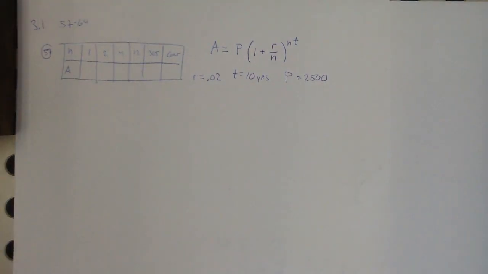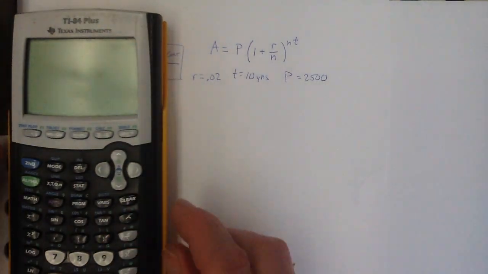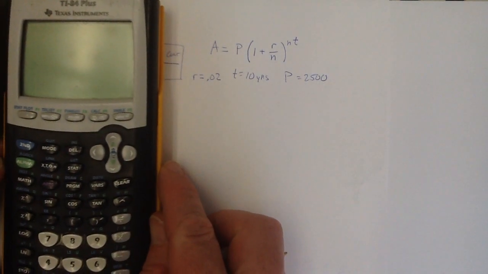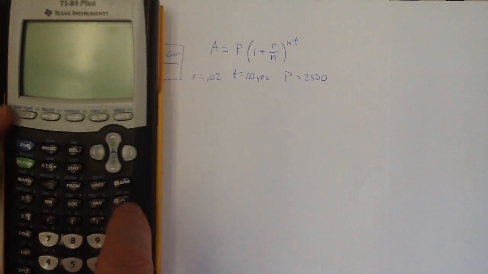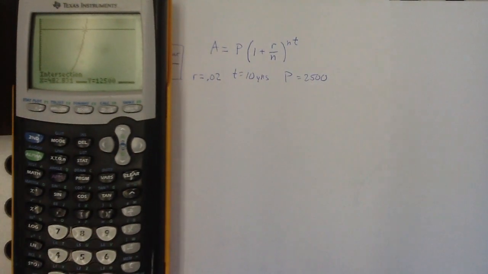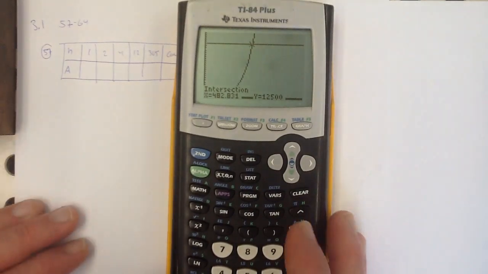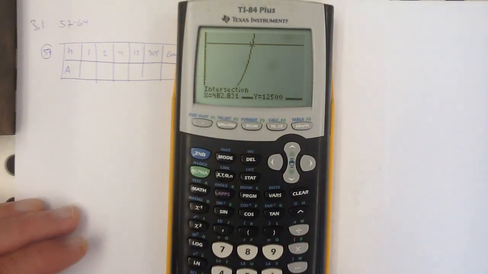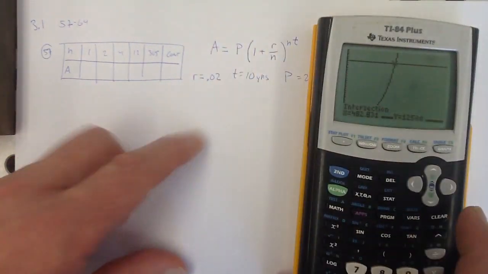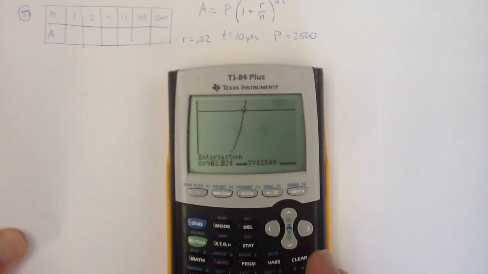Okay, so here's the way I'm going to do this. I'm going to show you some calculator moves. Sorry, for those of you who do not have a graphing calculator, what I'm going to show here does not work for you. It does work for our TI-83, 84 folks.